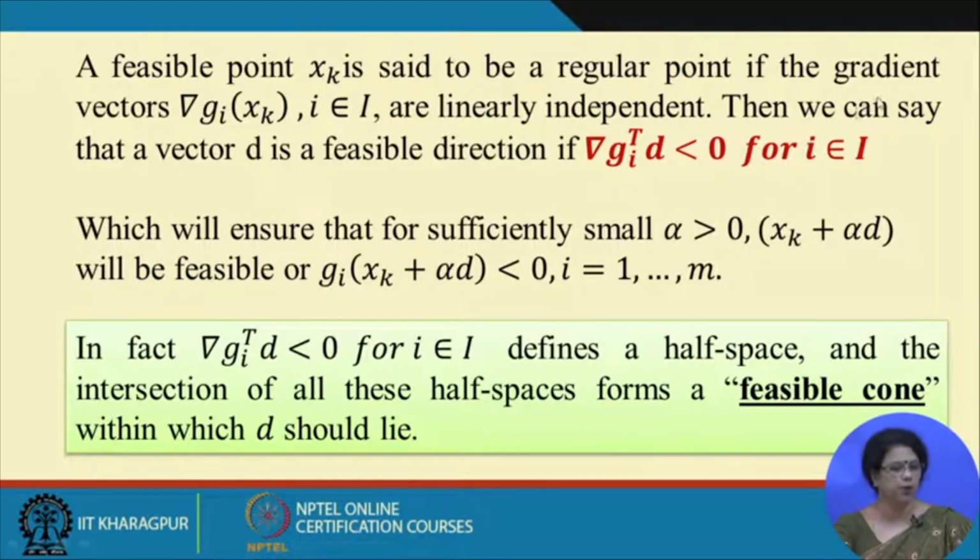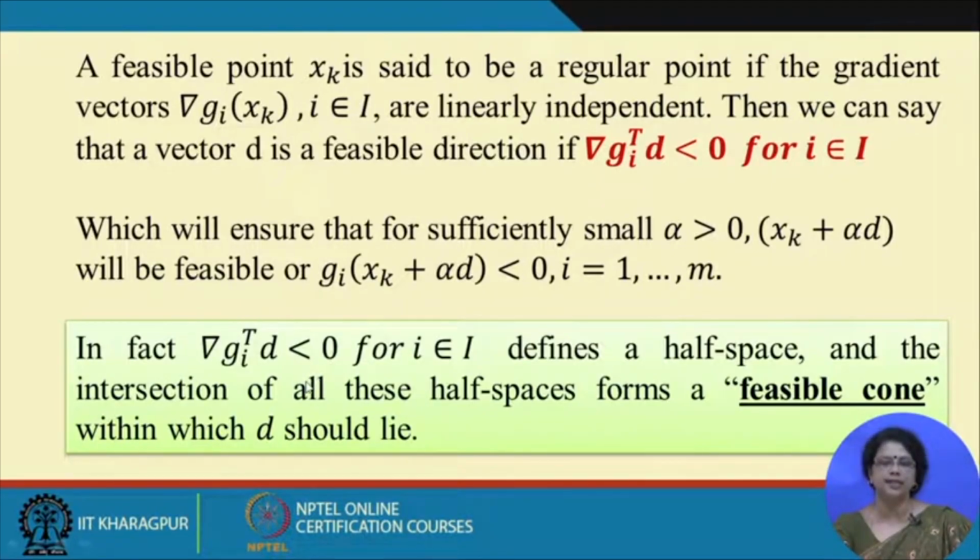Okay? I showed you. That is why, if we take a sufficiently small increment alpha in the direction d, the feasible direction, then Gi of xk plus alpha d must be less than 0, because as I said, grad Gi dot d with the feasible direction must be less than 0.